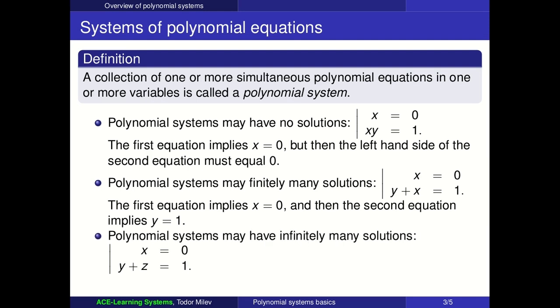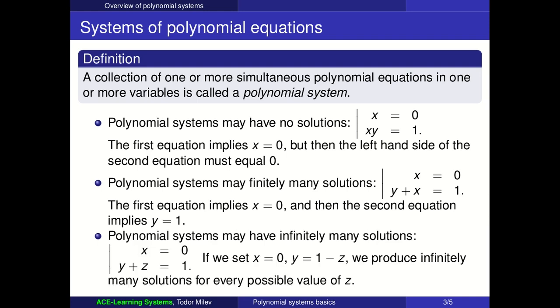Polynomial systems may have infinitely many solutions. For example, let's take a look at this one. x equals 0 is the first equation, and the second equation is y plus z equals 1. If we set x equal to 0 and y equal to 1 minus z, we produce infinitely many solutions for every possible value of z.